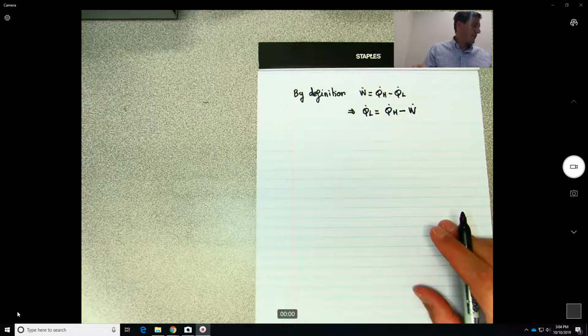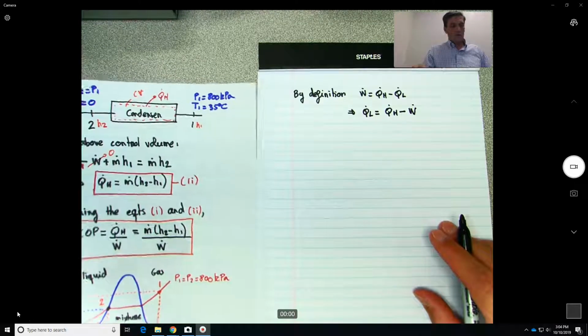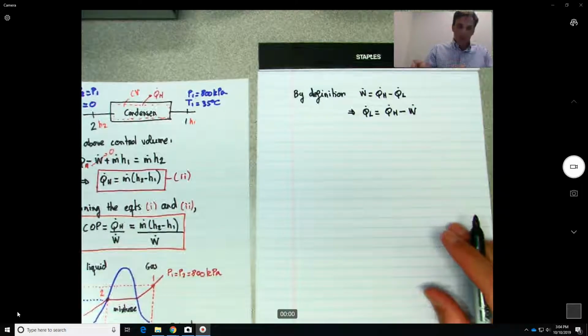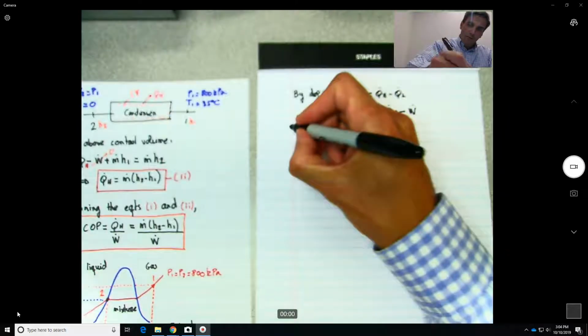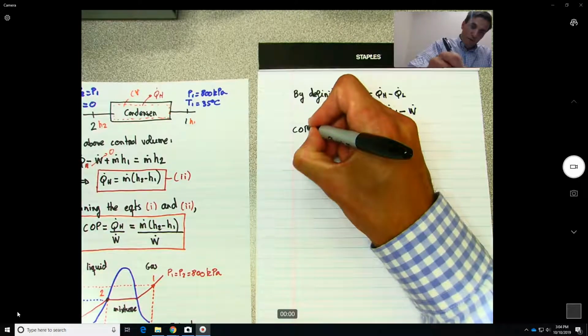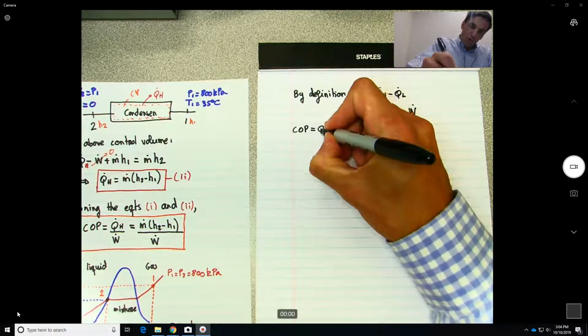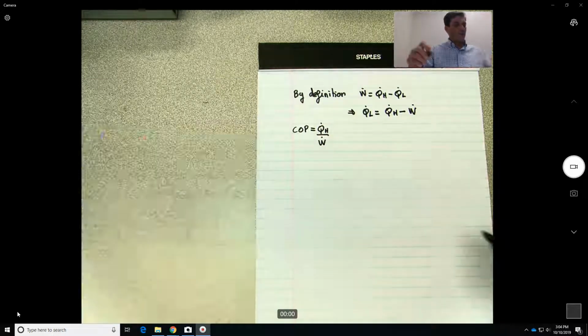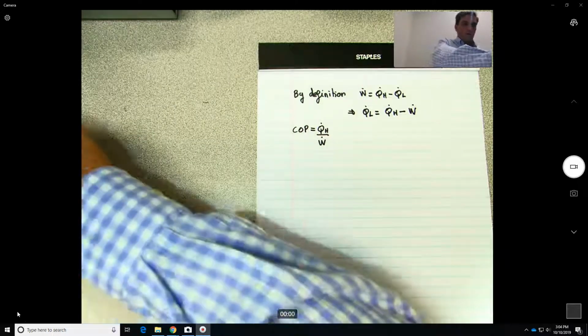Let's see if I find it here. So from the equation, coefficient of performance equal to Q dot sub H over power, we know what?